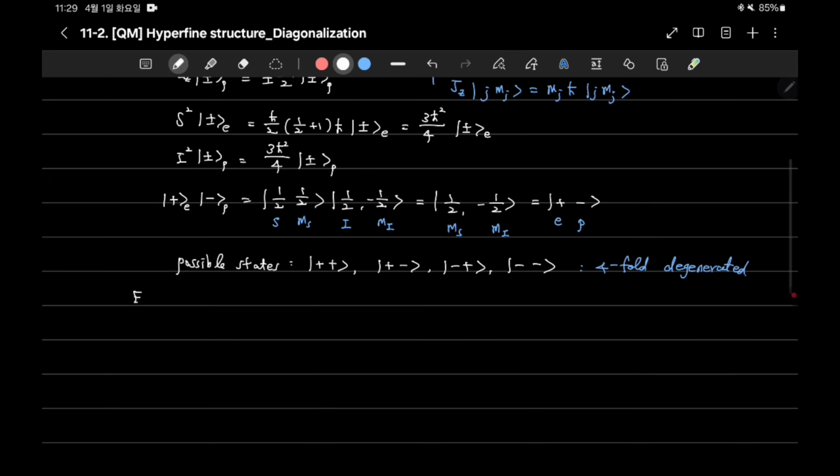Let me take as an example Sz applied to the up-down spin state.